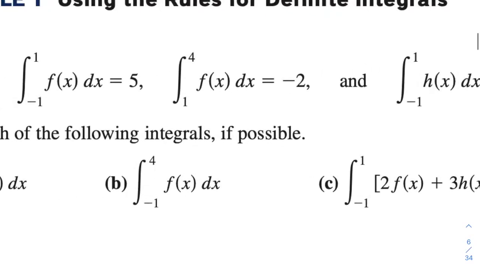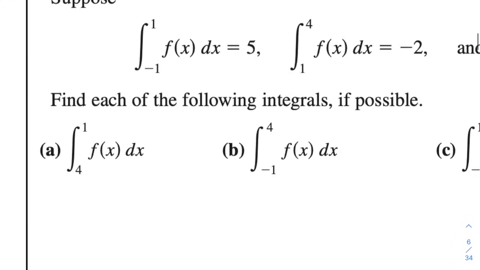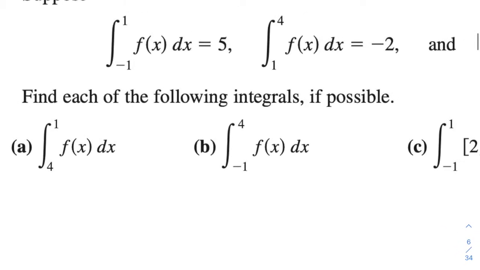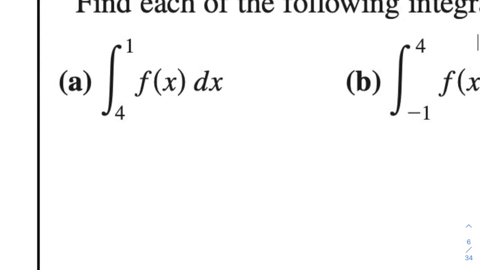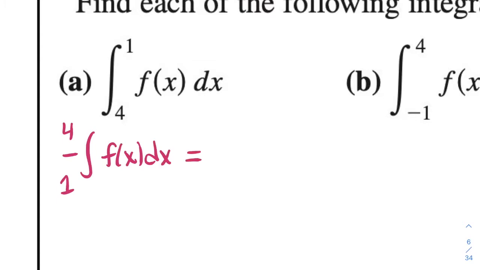So now let's just manipulate these. Here we know that 1 to 4 has an output of -2. Well, this is 4 to 1. So what I first need to do is change it. So I'm going to go from 1 to 4. It's the opposite. Don't forget you need to throw a negative when you switch it, of f of x dx, which is equal to, now we're almost there, -1, because I pulled a negative out front.